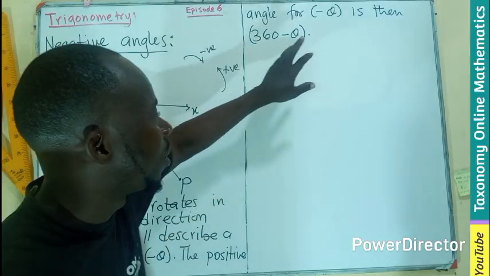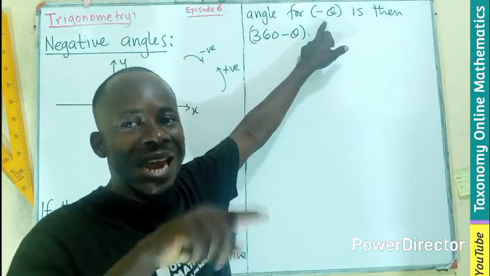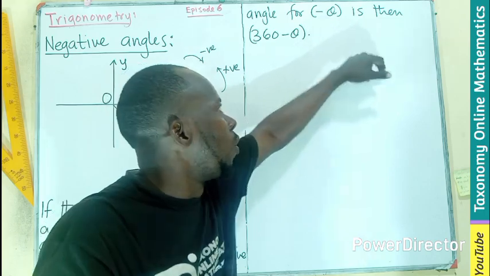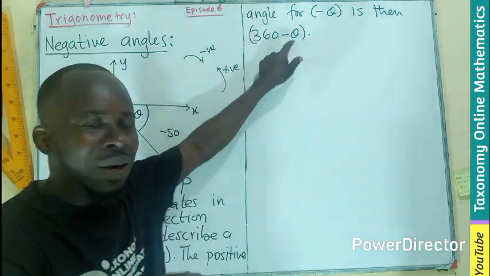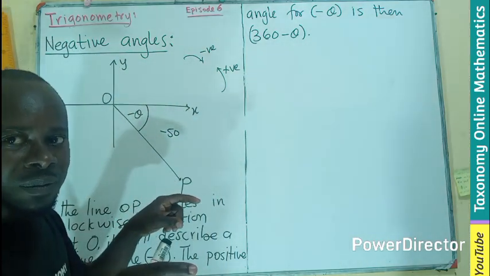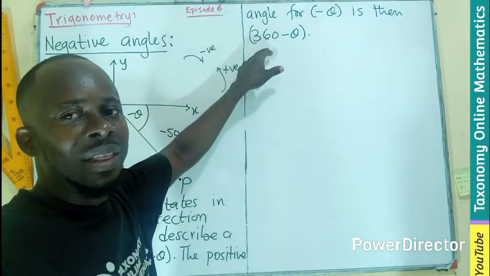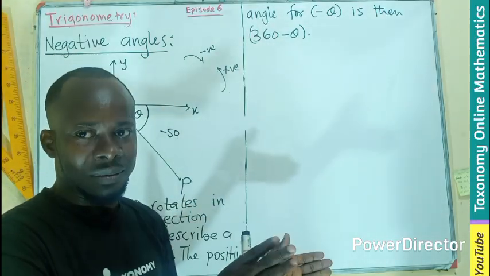So if you are looking for the positive angle for the negative angle given to you, all we need to do is subtract the angle, not with the negative sign, from 360 to give you the positive sense.